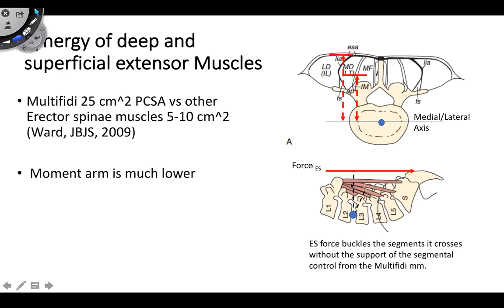During the transitions from standing to forward bending and from forward bending to upright, it's important that we have both these long muscles that have great power and torque, and these smaller muscles that are intersegmental to control spine motion.